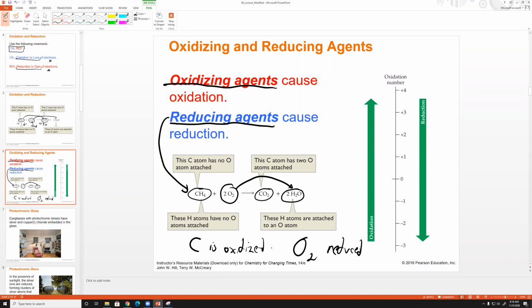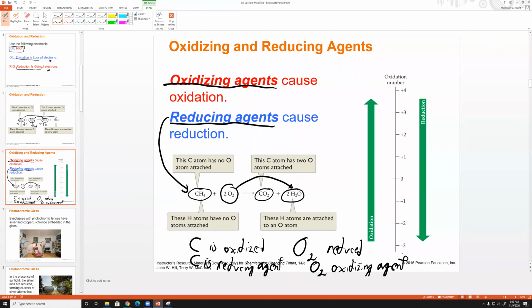If that's the case, the way to define the agents is just the opposite. So since carbon is oxidized, carbon is the reducing agent. Since O2 is being reduced, O2 is the oxidizing agent.